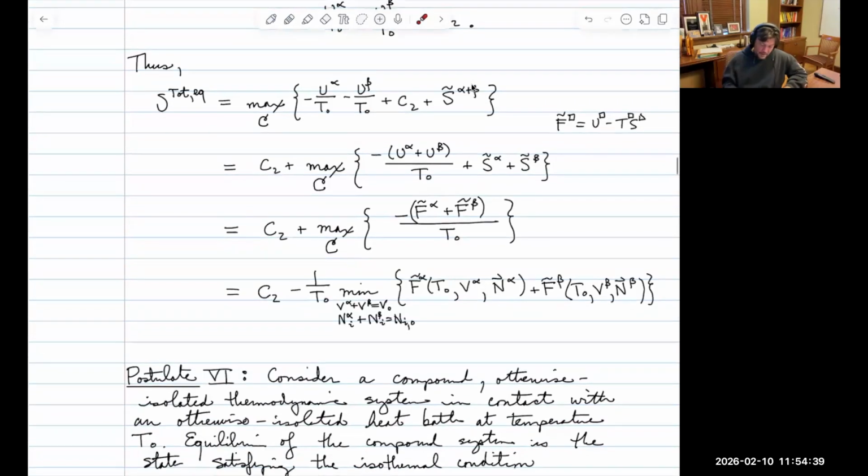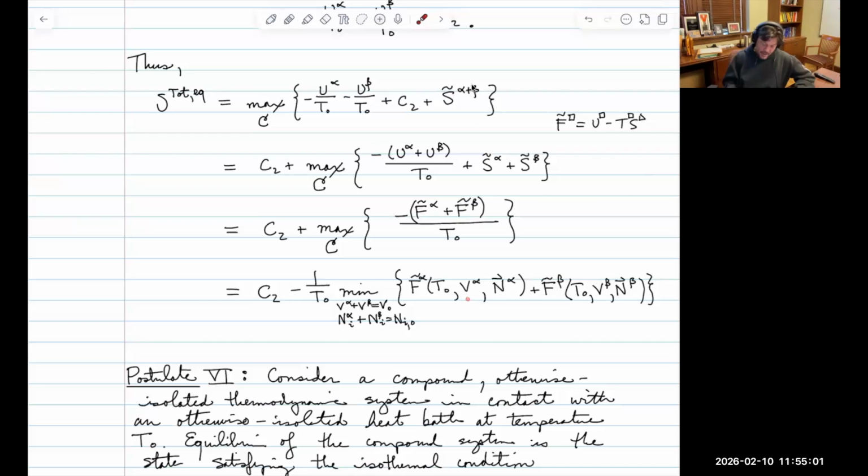All right, now I've brought this variable out. I brought the minus sign out, and now I'm just going to expand these two things here. Now each one of these functions is a function of T naught, but T naught is fixed because T naught is the temperature that is decided for us by the bath.